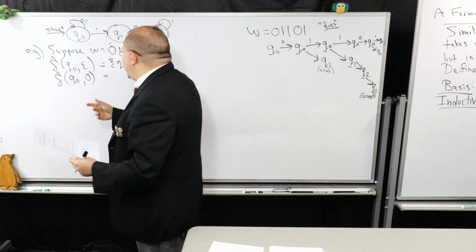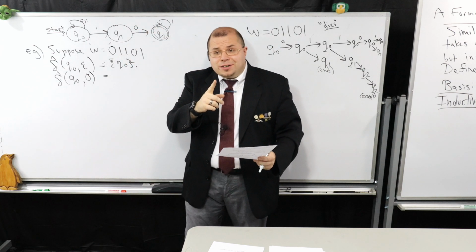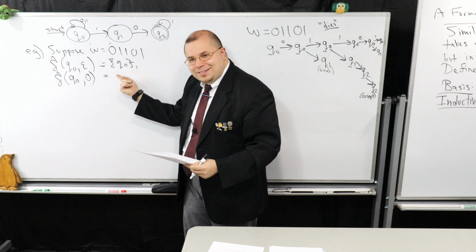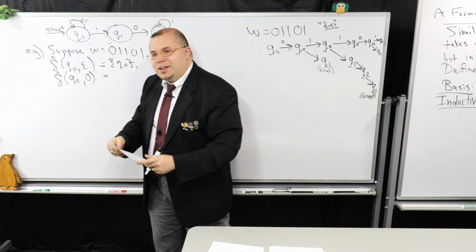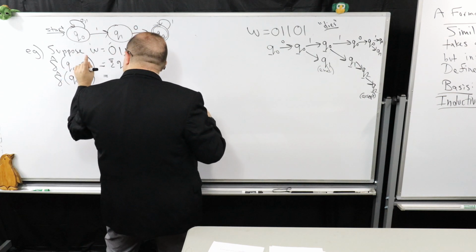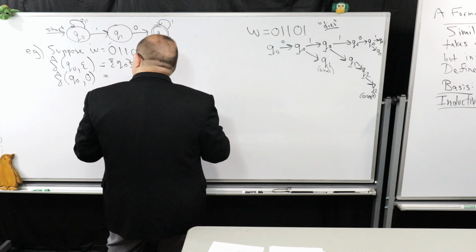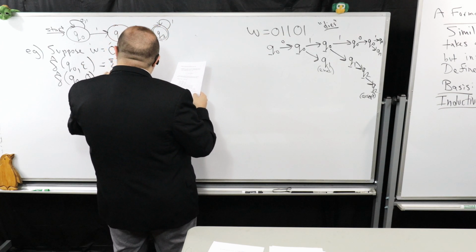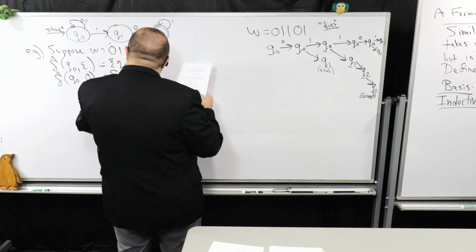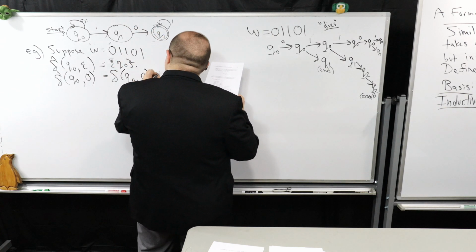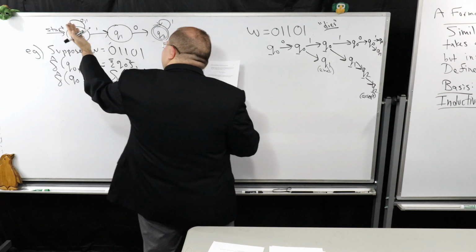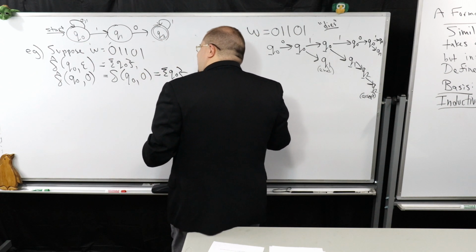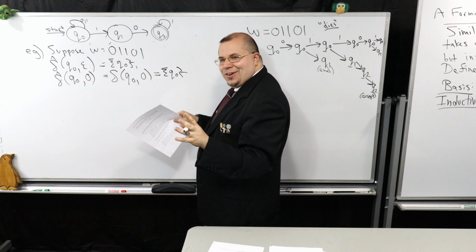So all I'm going to do now is apply the transition function on any one state in here, in this case q0, on the last symbol that appears here. This is simply going to be delta of q0, 0, which takes me back to q0. Are we all good with this so far?